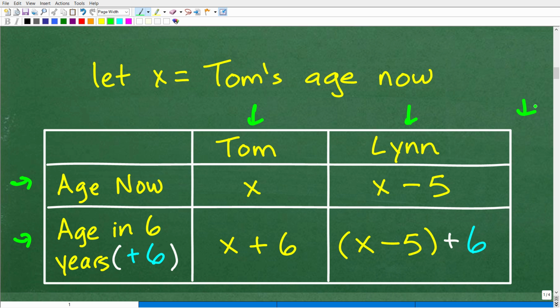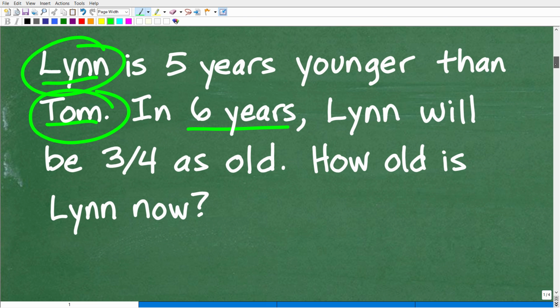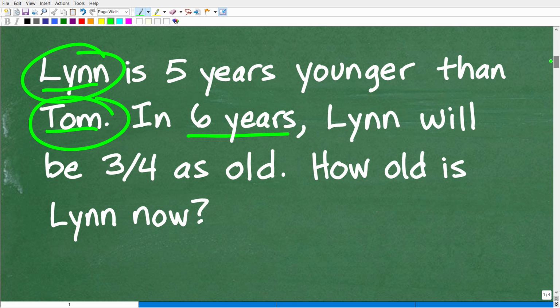Okay. All right. Now what I'm going to do is let X represent Tom's age right now. So if X equals Tom's age right now, X minus 5 is Lynn's age right now. We're going across this row, and this is our ages right now. So let's go back to the problem, and this is where we have to reread the problem and make sure we got things right.